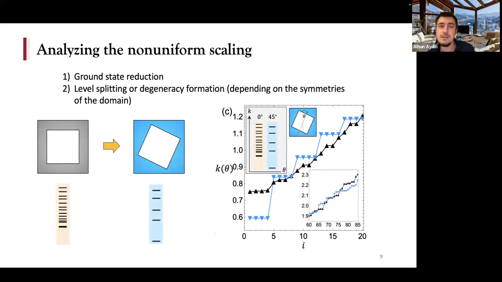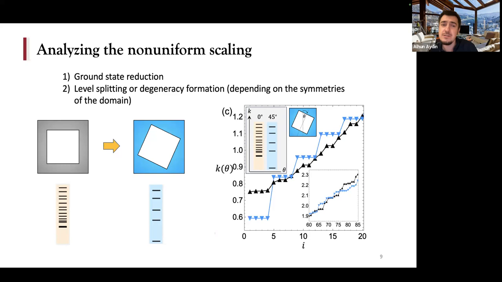So in a recent article, I analyzed how the spectrum changes under this non-uniform level scaling. What I realized is that the ground state reduces in the direction of increasing quantum shape effects. I haven't explained how you increase quantum shape effects, but due to the limited time, unfortunately, I can't do that. But let's consider that I picked some direction which denotes the increase in quantum shape effects, okay?